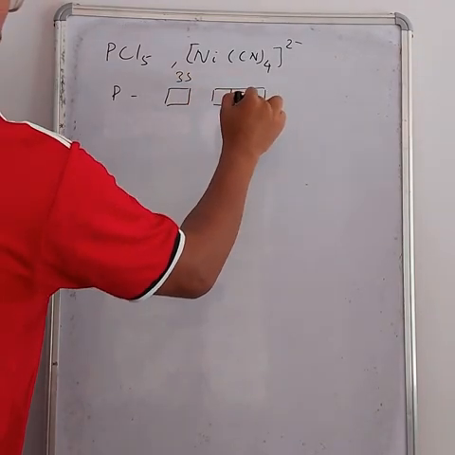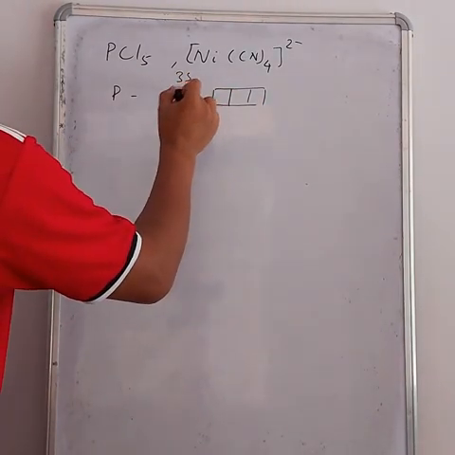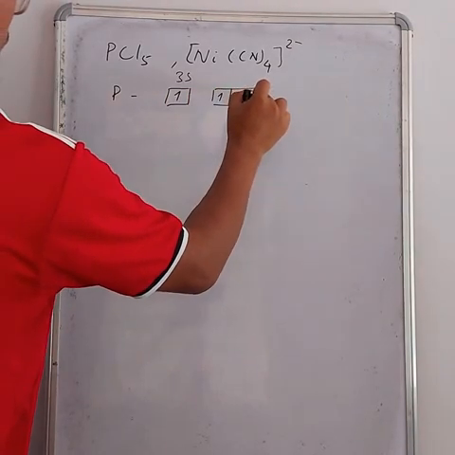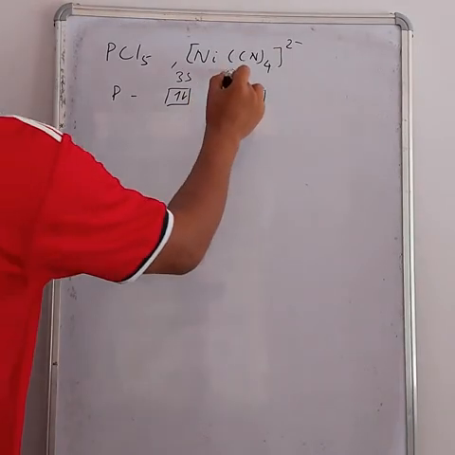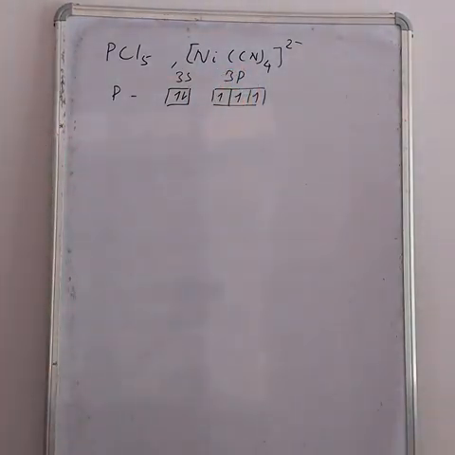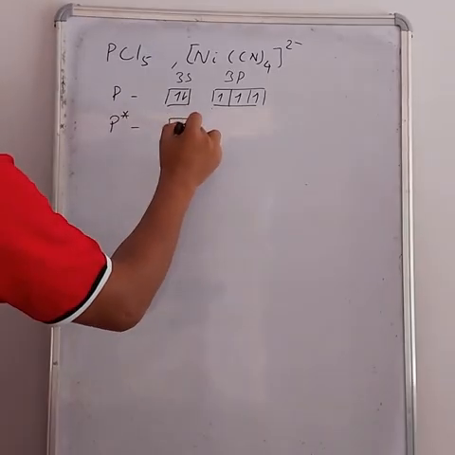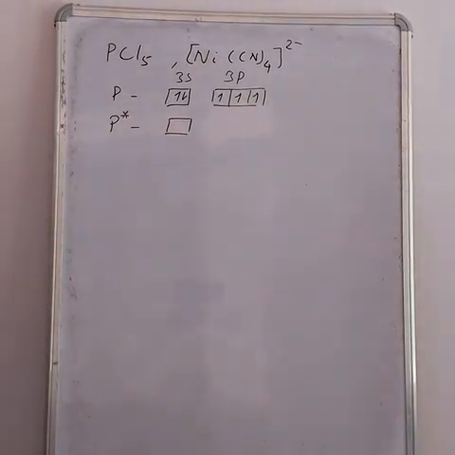So 1, 2, 3, 4, and 5. So this is 3p. So this is our phosphorus in the ground state, and in the excited state, one electron will migrate.